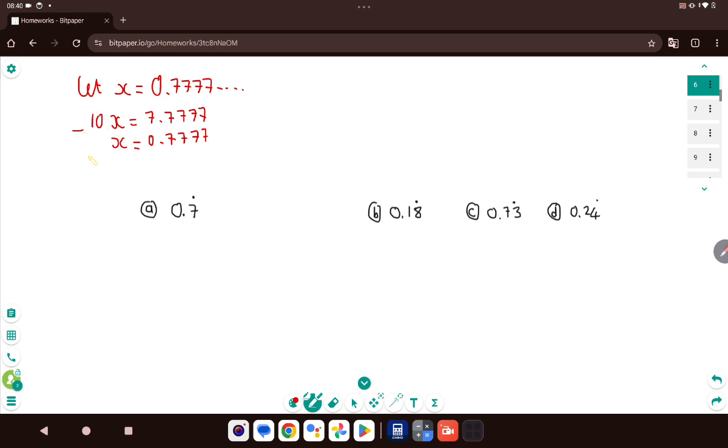Subtract. 10x take away 1x, 9x. These would all disappear. 7 take away 7, 7 take away 0, 7. Make x the subject by dividing both sides by 9. There's our answer to A.